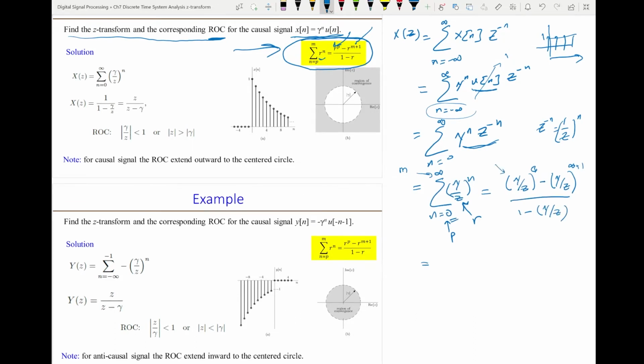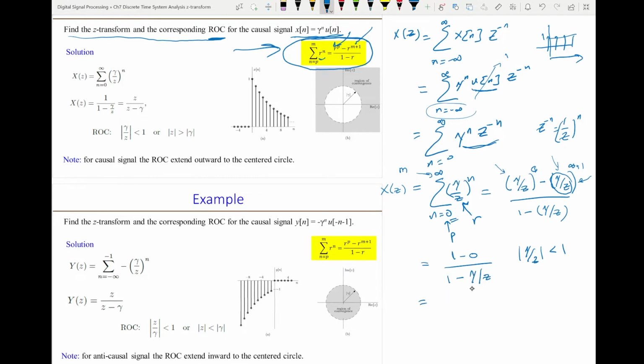And anything to the power of 0 is just 1. Anything to the power of infinity could go either to infinity or to 0. If it goes to infinity, then X of z doesn't exist. So for X of z to exist, this quantity here has to be less than 1. So this would be minus 0, for the magnitude of gamma over z less than 1, over 1 minus gamma over z.